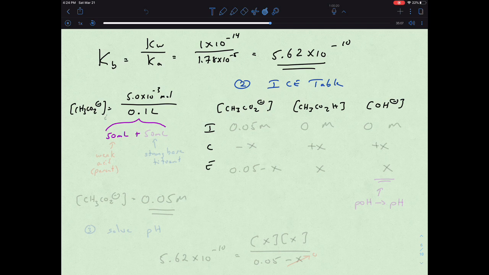That's coming from the fact that we started with 50 milliliters of our weak acid parent, and now we've added 50 milliliters of our strong base titrant, and so we have an initial concentration of that acetate equal to 0.05 molar. So that's what we're plugging into our ice table.